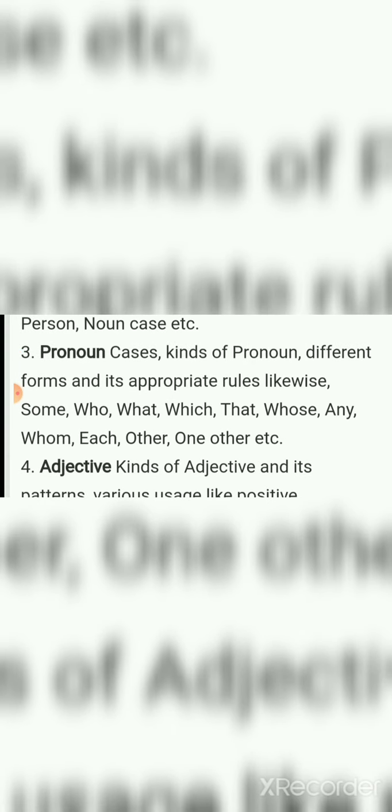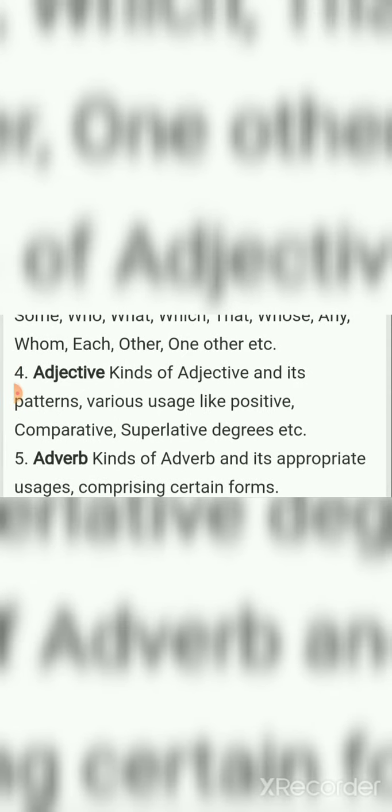Pronoun: cases, kinds of pronoun, different forms and its appropriate rules, likewise some, who, what, which, that, whose, any, whom, each other, one another. Adjective: kinds of adjective and its patterns, various usage like positive, comparative, superlative degrees as well.